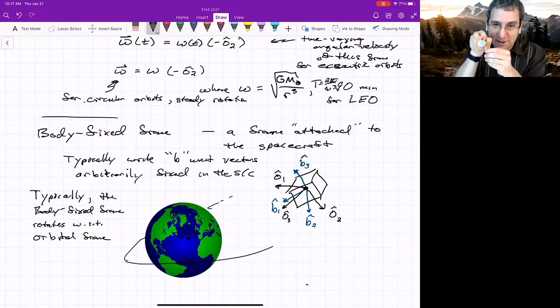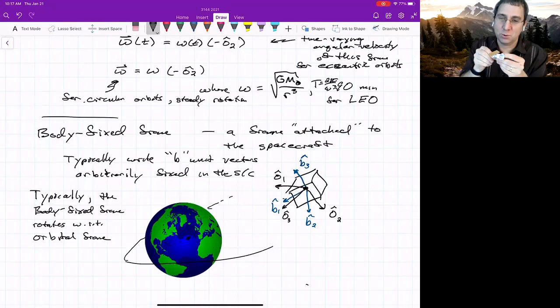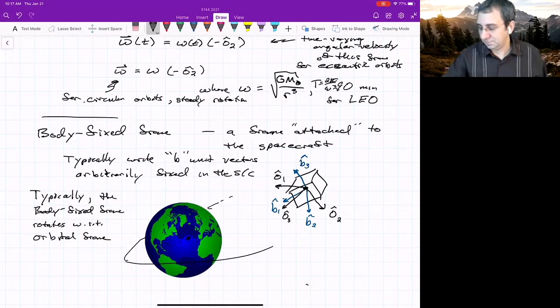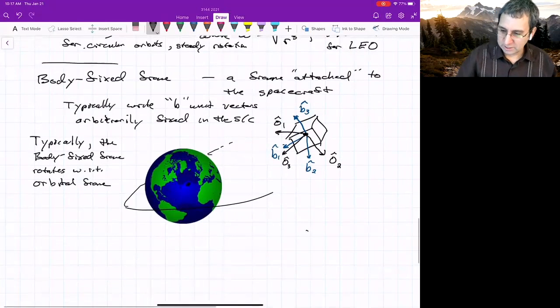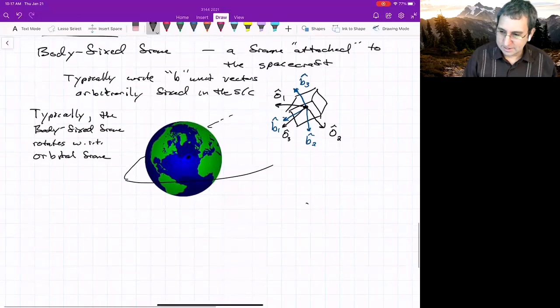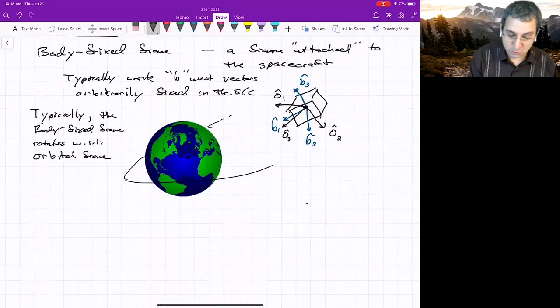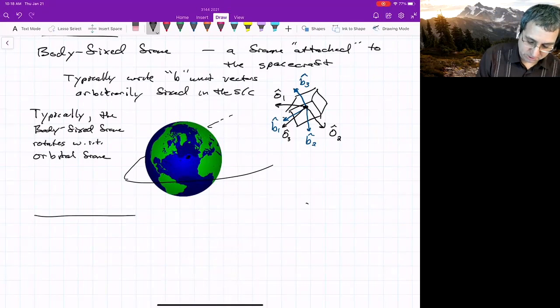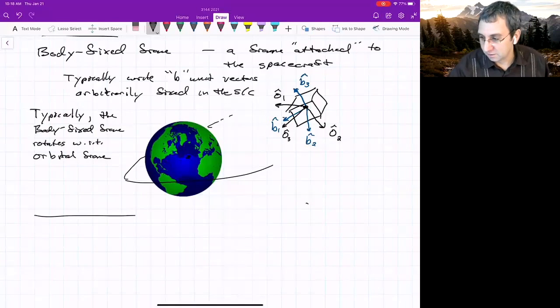I need my solar panels oriented so that their surface area gets the most sunlight. So I need them pointing towards the sun. And maybe I have certain other instruments that I want to keep cool, so in the shade. So that depends on what the customer wants. The customer could be NASA. The customer could be some other company.